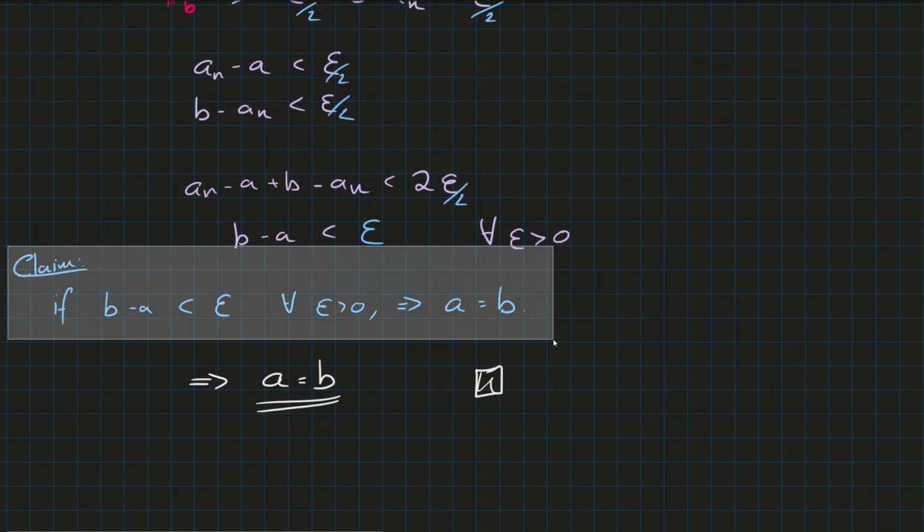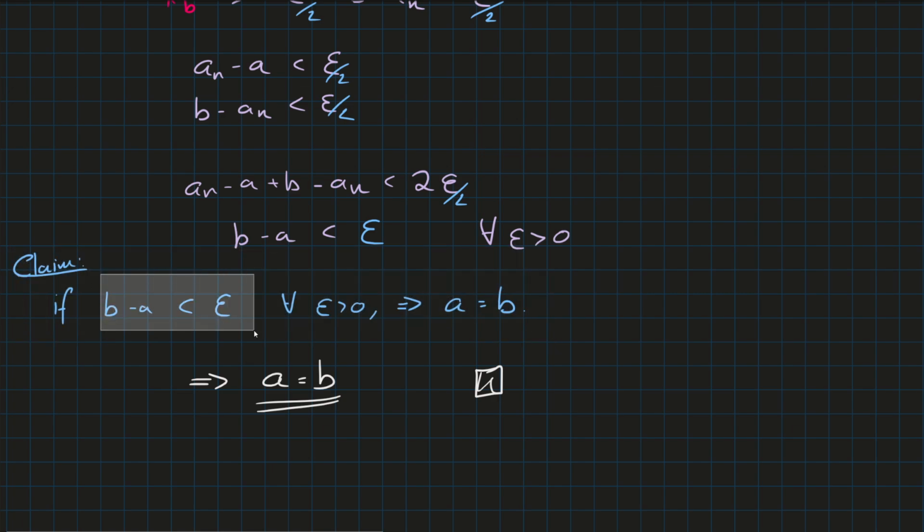We just sketch this idea: by contradiction, we could say, if this is true and they're not equal, then they contradict something, because we could make epsilon small enough to be smaller than the difference between them.